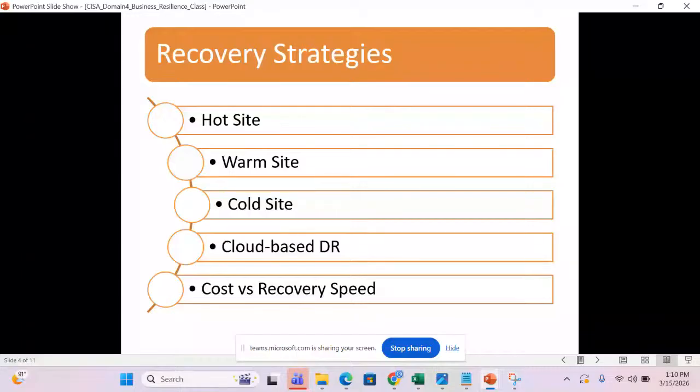As an IS auditor, you need to always think from the position of risk. The IS auditor will say risk, risk, risk. Sometimes you say auditors are kind of troublesome, but you need to understand that as an auditor, you need to always be thinking from the position of risk.